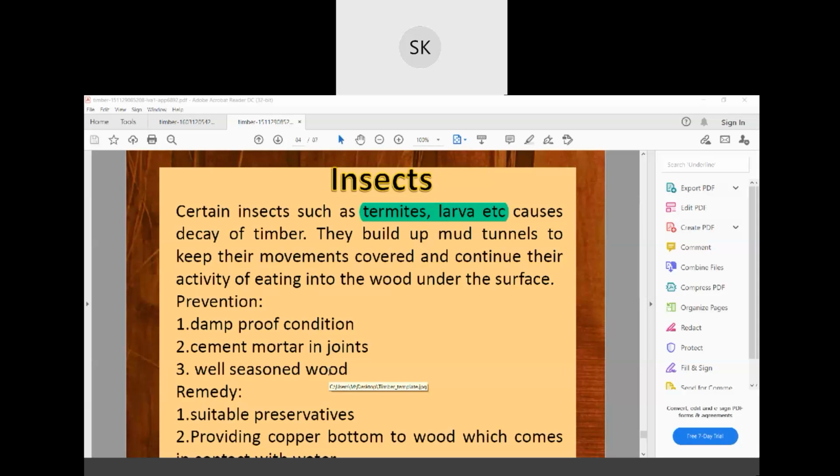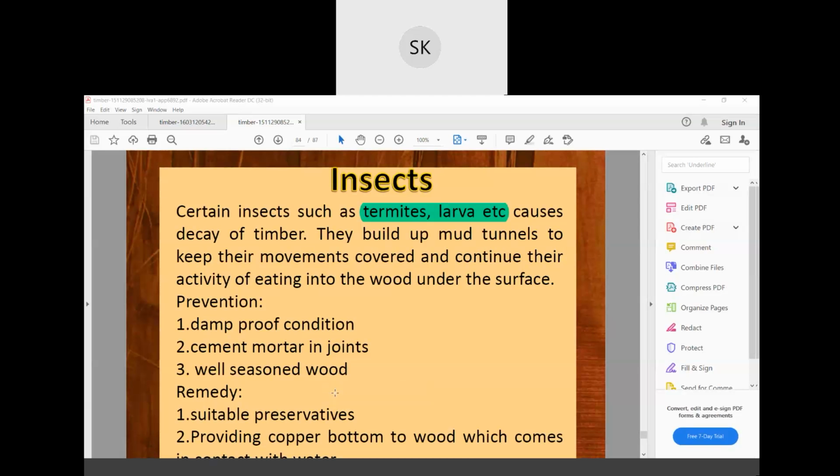Now insects. Certain insects such as termites and larvae cause decay of timber.